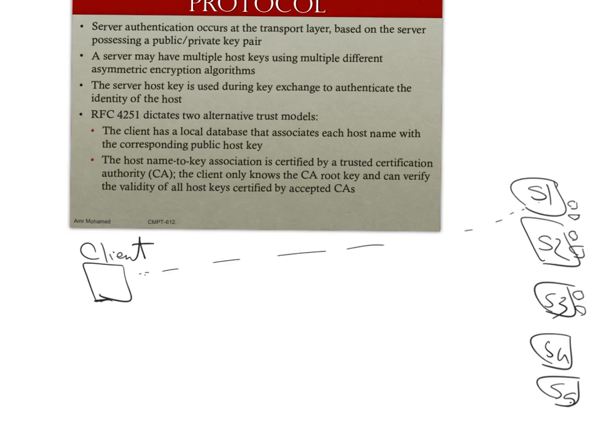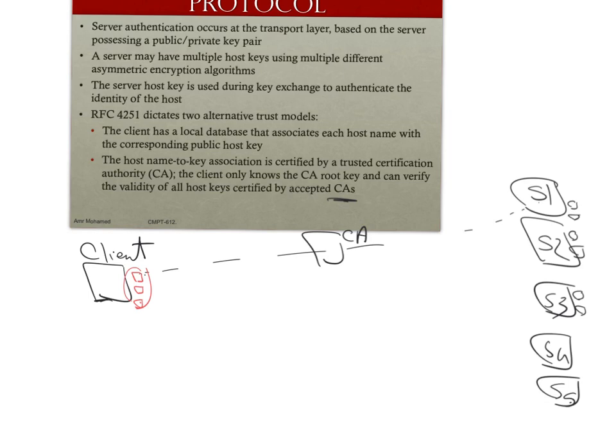So the client in that case may actually store these certificates locally. Okay, so whenever it connects to a server, the server presents its certificate once, and it may actually store it in a cache. This is one method. The other method is that we establish the trust through a certificate authority, this method here.